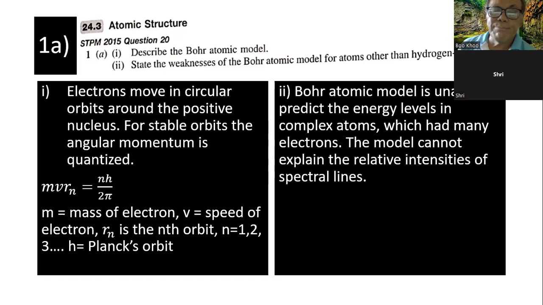Right? For hydrogen atom, you can predict. A complex atom, those with more than 2 electrons, cannot predict. The model cannot explain the relative intensity of the spectral lines. Okay.